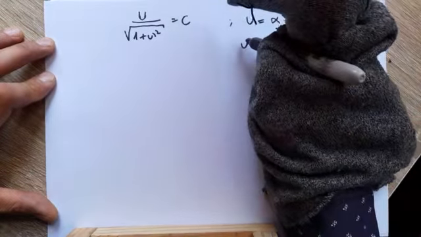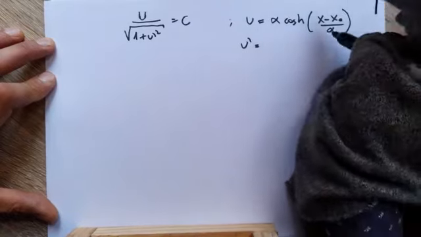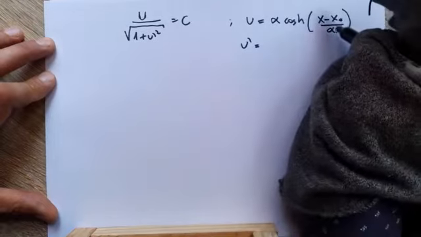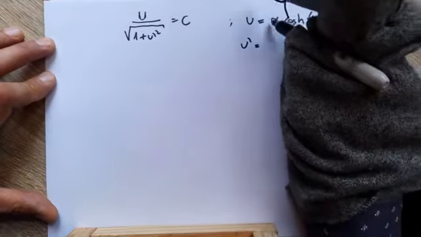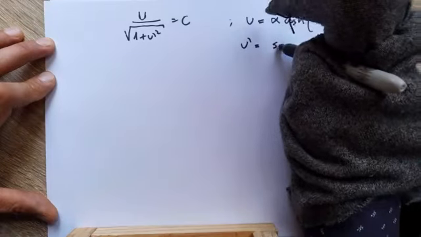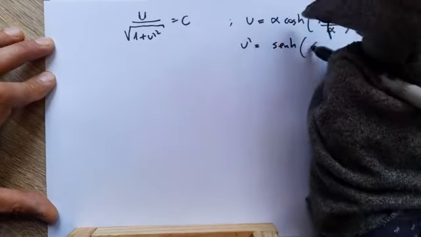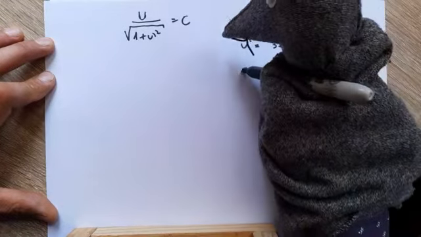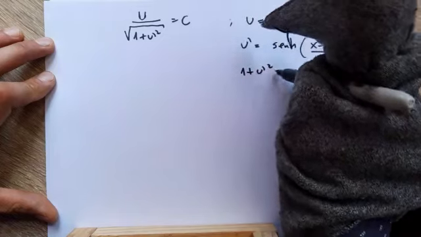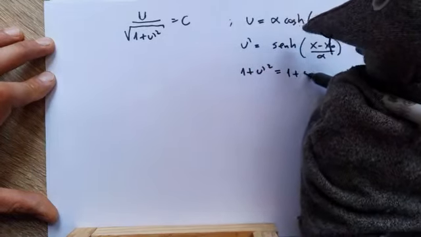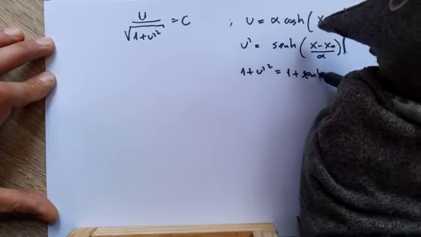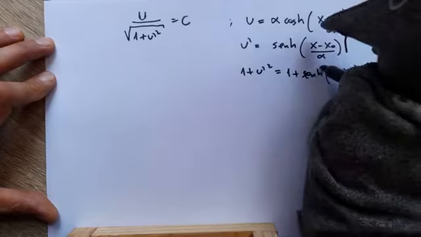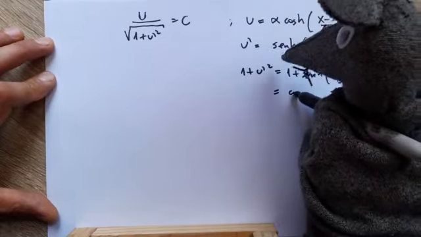We got that u prime will be hyperbolic sine. So we got 1 over alpha that will cancel this alpha, so it will be hyperbolic sine of (x minus x0) over alpha. Then 1 plus u prime square will be 1 plus hyperbolic sine square, and this is just hyperbolic cosine square.